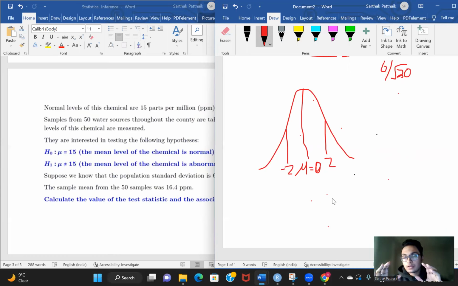As you know, standard normal distribution curves are symmetric on both sides. But because this is a two-sided test, where we need to calculate probabilities both for z greater than z and z less than minus z, we are concerned with both of these areas.